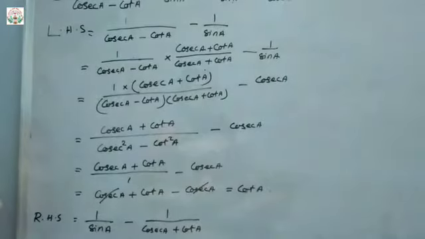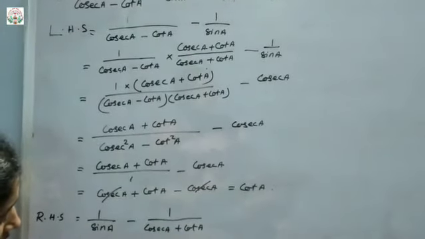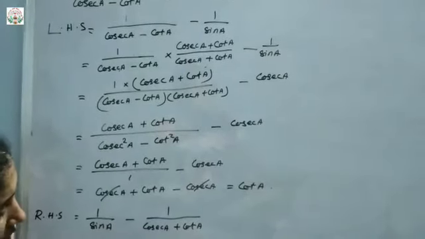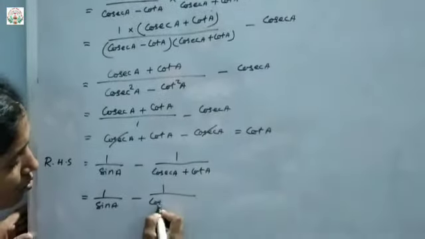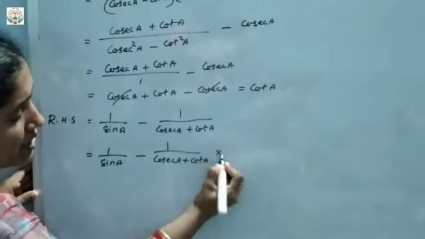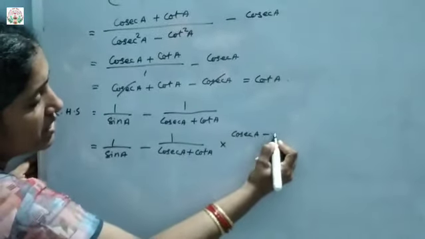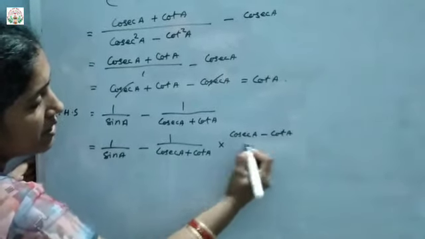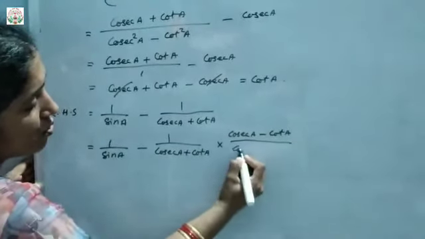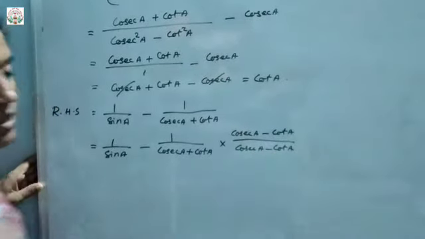Now again we will rationalize this part, that is 1 upon sin a minus 1 upon cosec a plus cot a into cosec a minus cot a upon cosec a minus cot a.